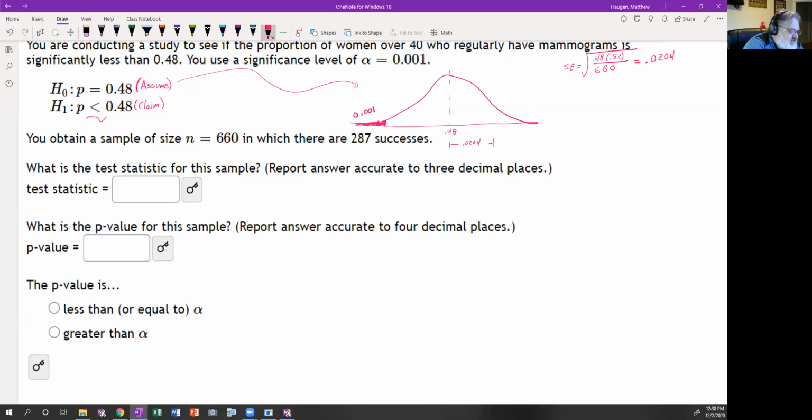Did we notice that that was a one tail problem? So it's only that one tail at the full size.